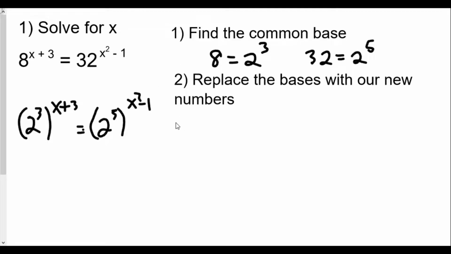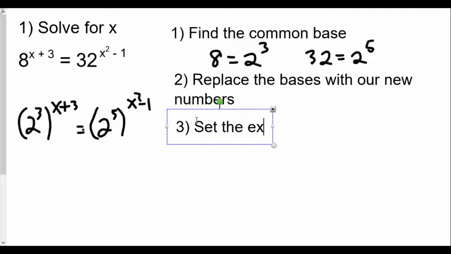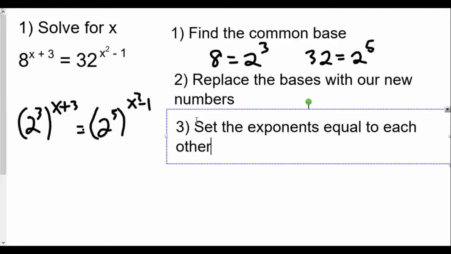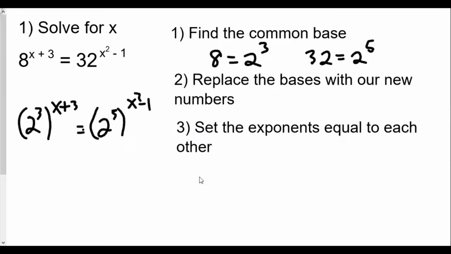Okay? And so now, in this case, step 3, after we replace the bases with new exponents, we're going to now set the exponents equal to each other. And the key thing in this situation is going to be that when you raise a power to another power, you're supposed to multiply the exponents.